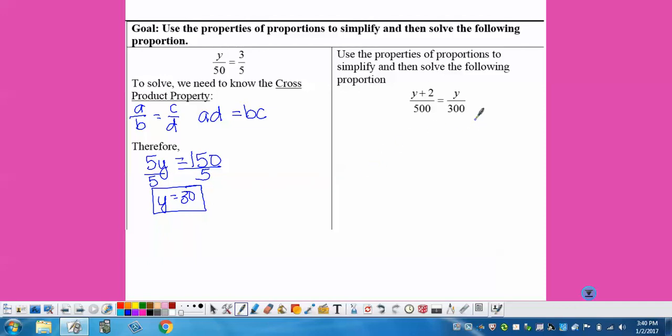So let's use the same property here. The thing that we're going to have to remember is when we multiply the 300 with Y plus 2, we have to multiply the whole thing. So it's going to be 300 times Y plus 2 equals 500 times Y, which would just be 500Y. So here we'll need to distribute.